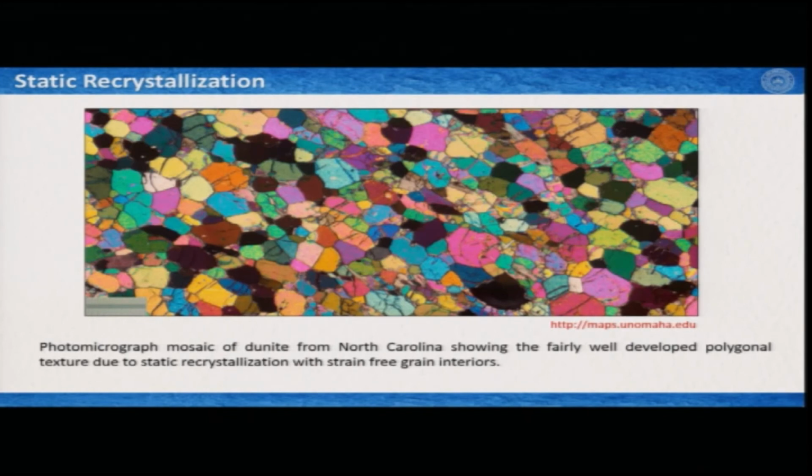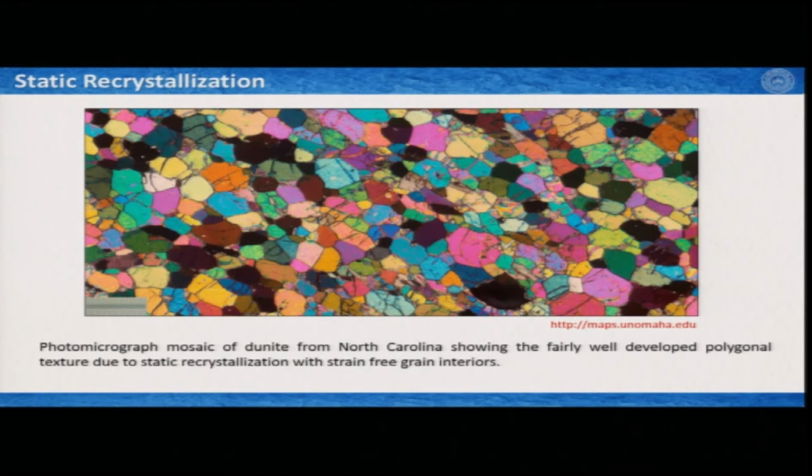Here are some examples, I will show you in a couple of slides, of statically recrystallized minerals. What we see here in this image is a photomicrograph of dunite from North Carolina. And as we talked about, this is a crossed polarized image.